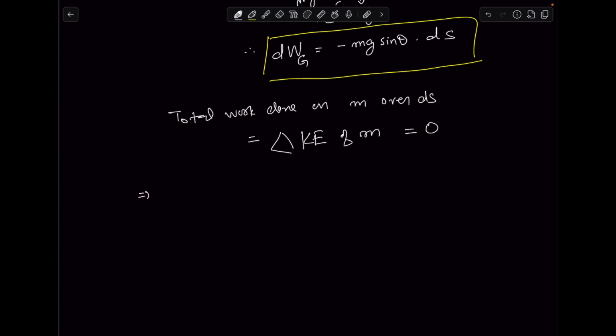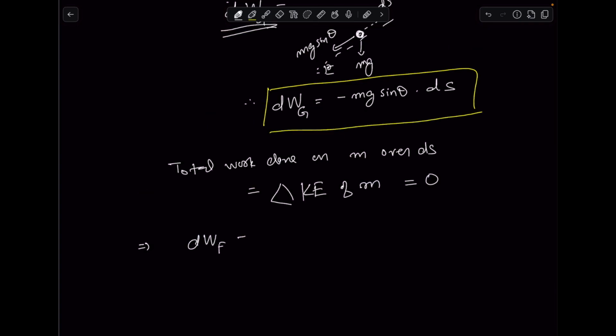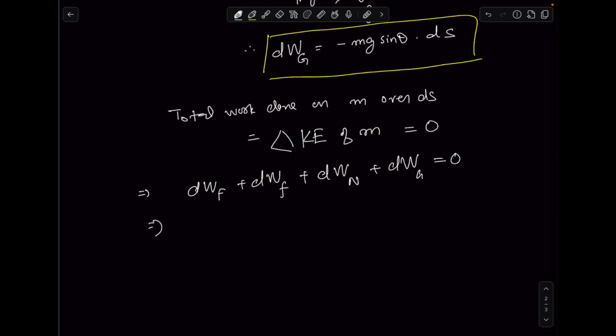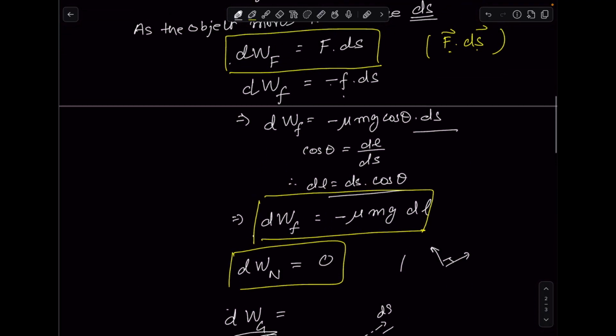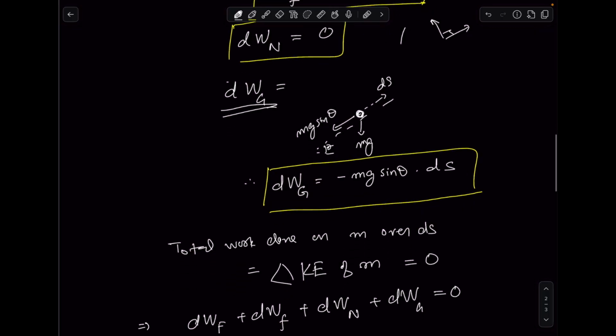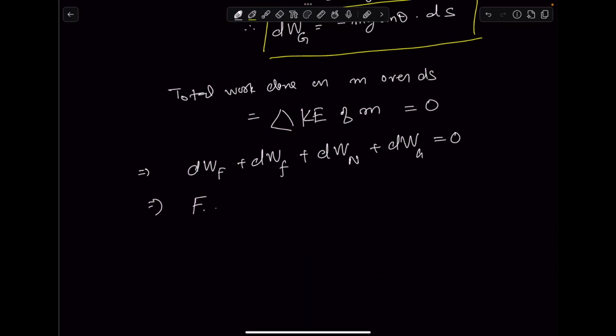So this implies that dW_F plus dW_f plus dW_N plus dW_g equals 0. We replace the values.